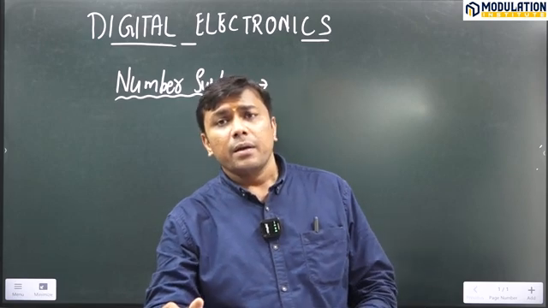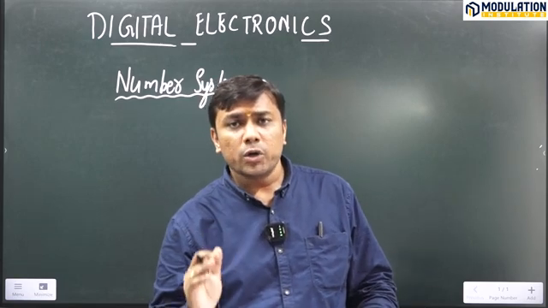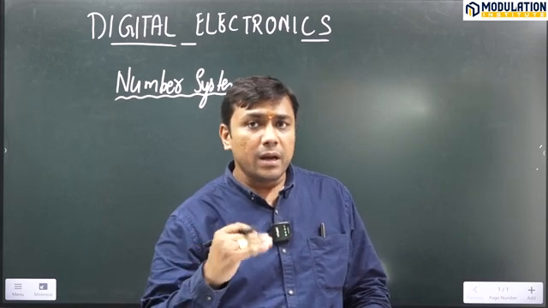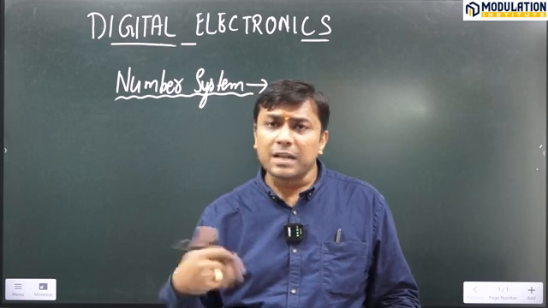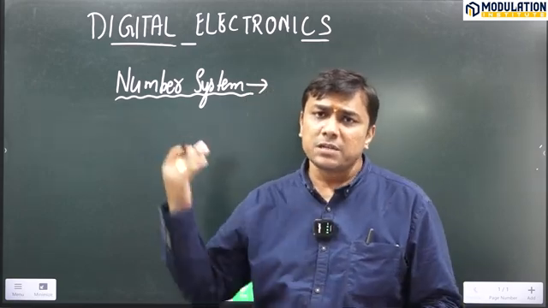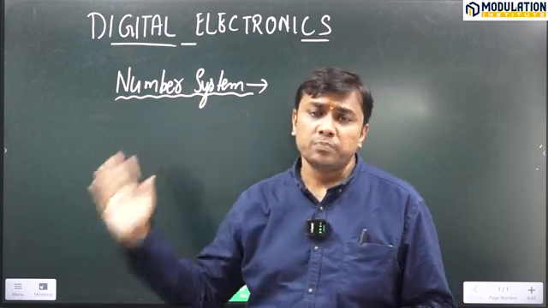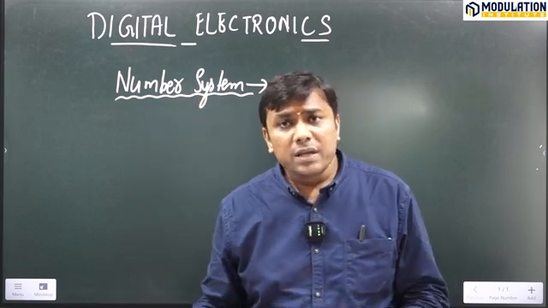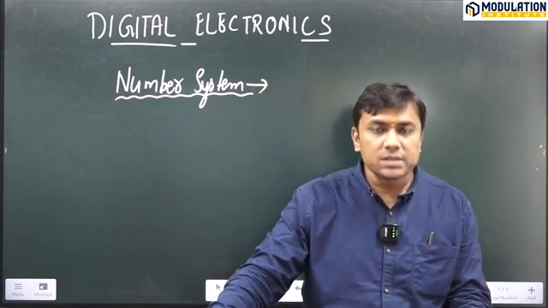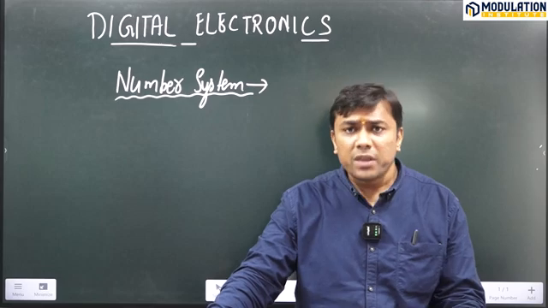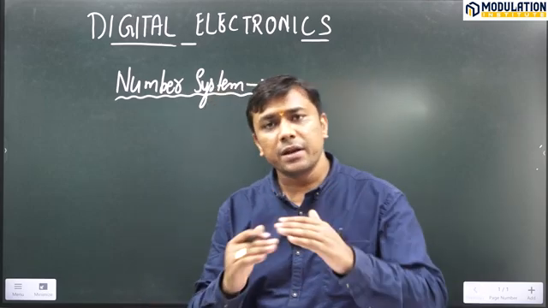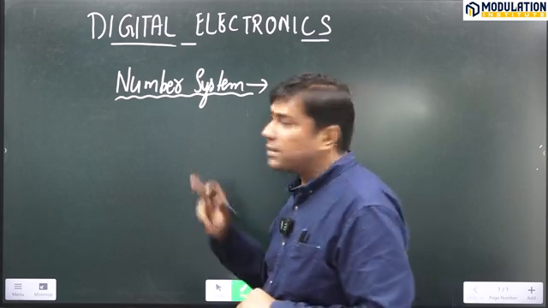See, computer जो भाषा समझता है, what computer accepts, that is the form of number system. It will accept information only in terms of digits or number system. That's why we are studying this topic. There are 4 types of number system, and their conversion among them we have to study in this topic.